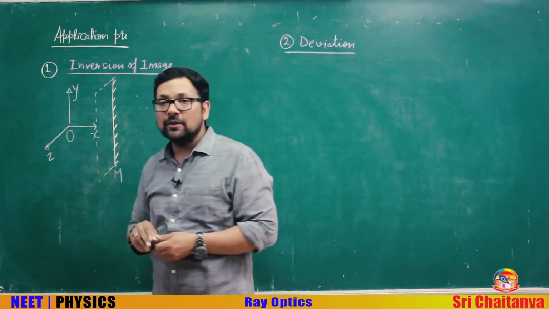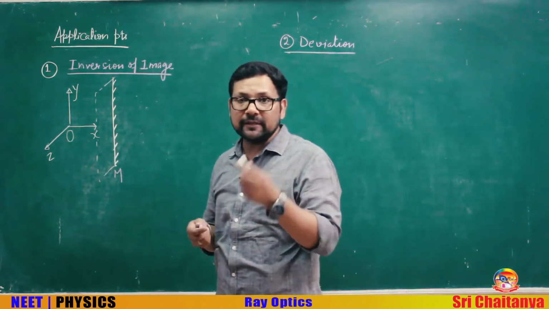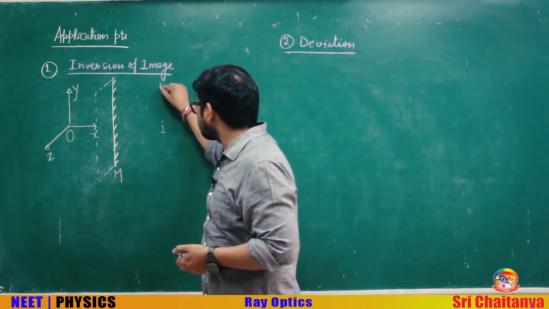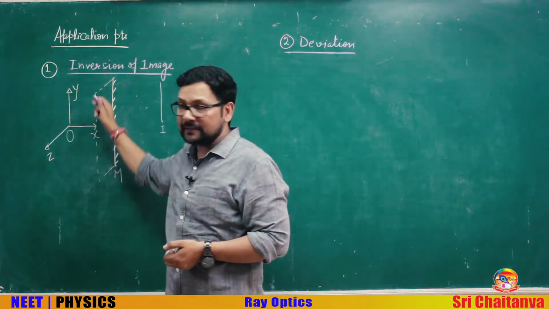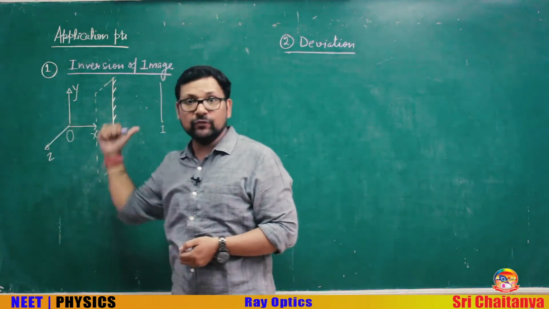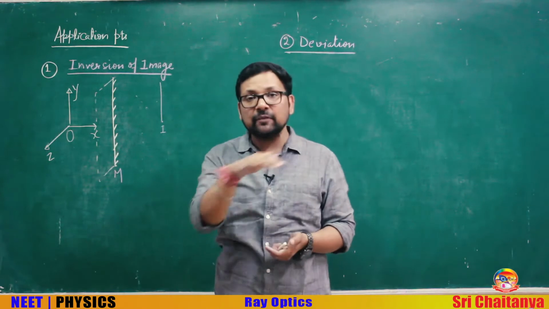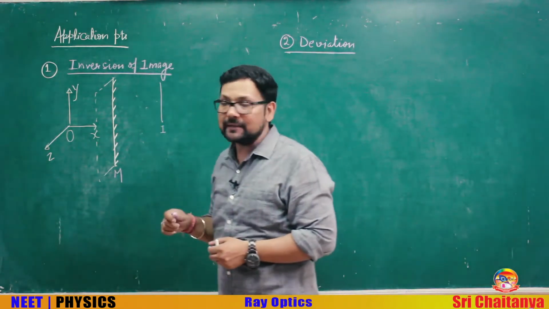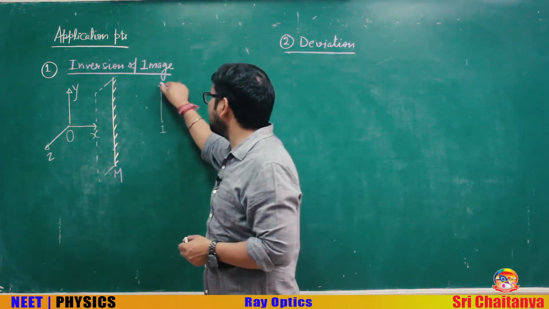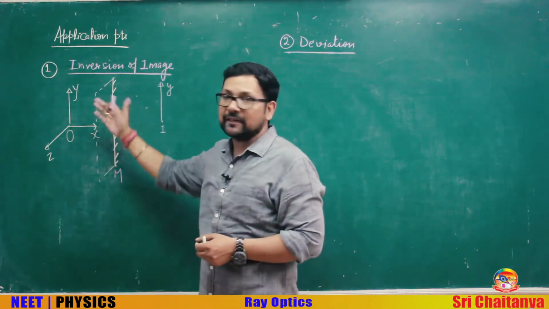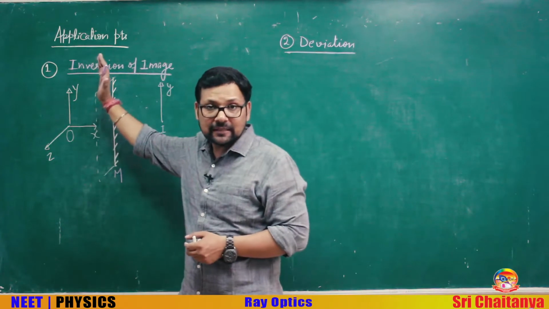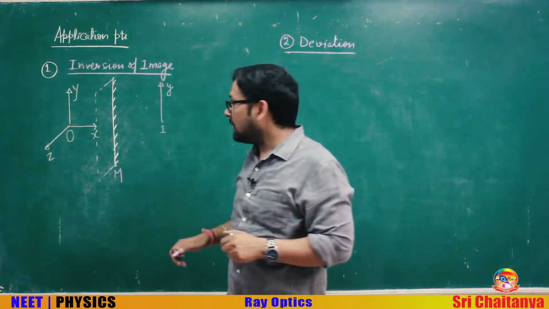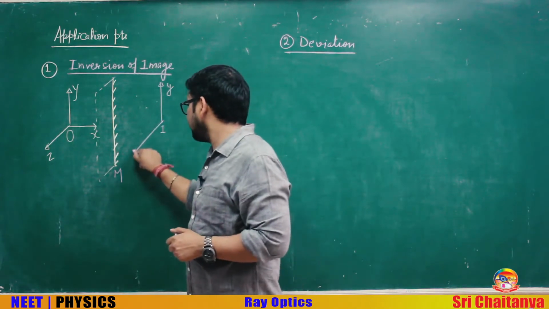Obviously the x-axis. Along the y-axis there is no normal; this is the plane mirror, this is the normal, and the ray reflects back symmetric to the normal. So the y-axis image will be intact like the object. If the object was in y like this, the image will be in y like this. There is no inversion. Same for z, there is no inversion.